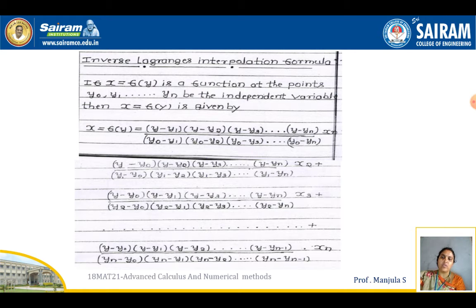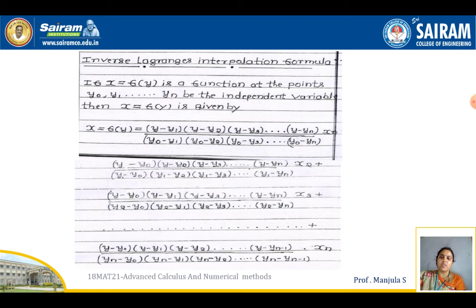So the formula becomes: x equals f of y, which equals (y minus y1)(y minus y2) and so on up to (y minus yn), divided by (y0 minus y1)(y0 minus y2)(y0 minus y3) and so on up to (y0 minus yn), into x0.